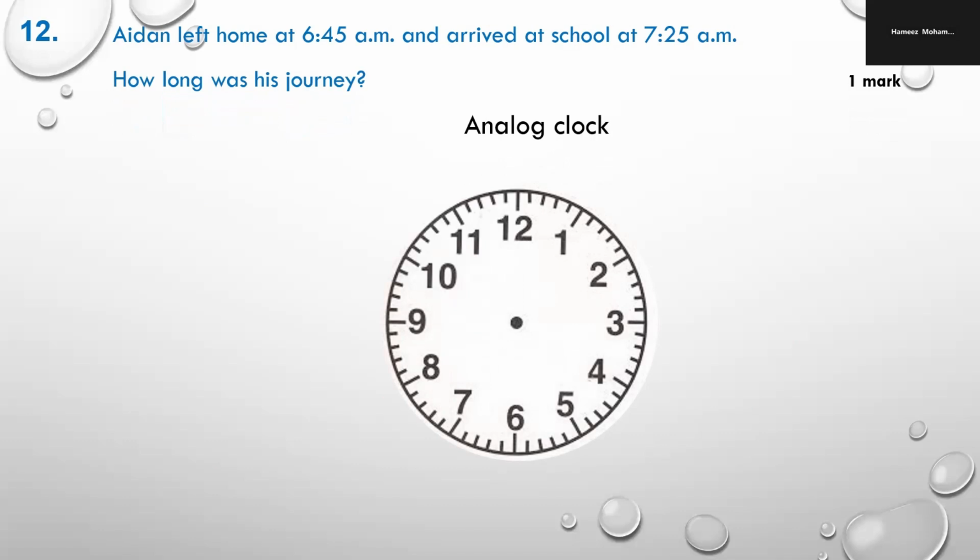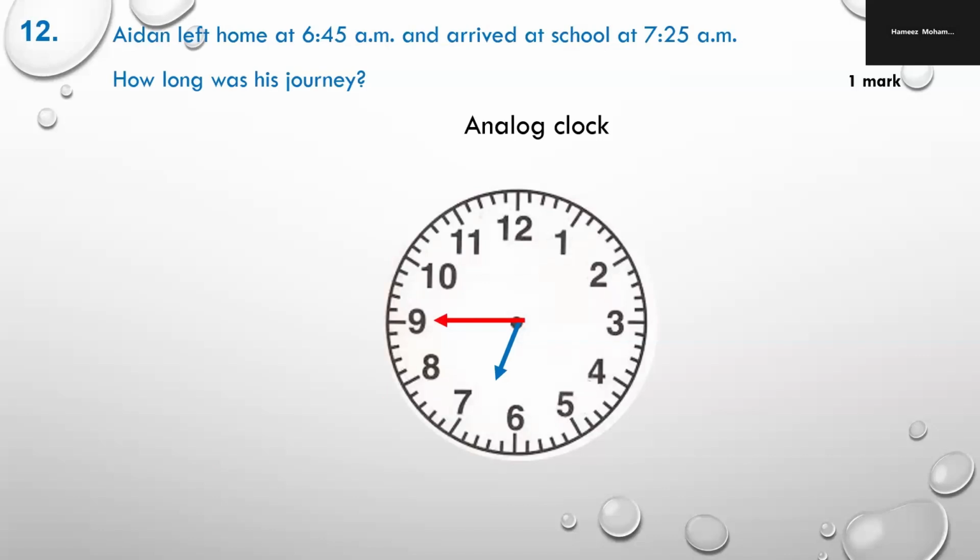And let's start at 6:45. If it's 6:45 a.m. is where he's starting, the hour hand will not be quite at 7 yet, but it'll be close to it. So it'll be between 6 and 7. And the minute hand, we'll put that in red, will be at 45. 45 is what number? It's the number 9.